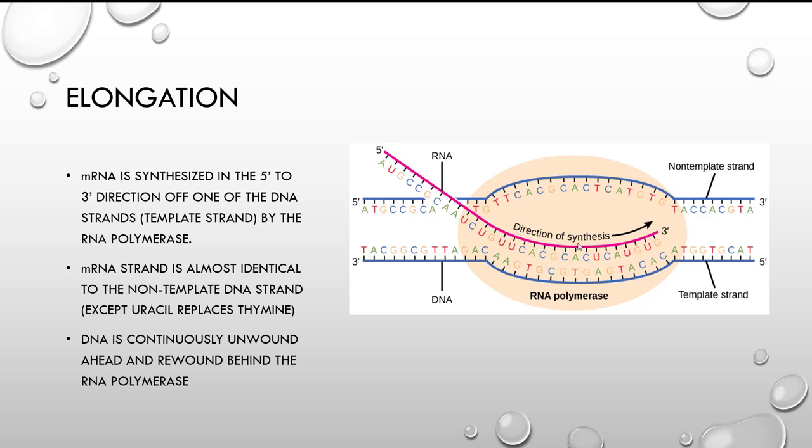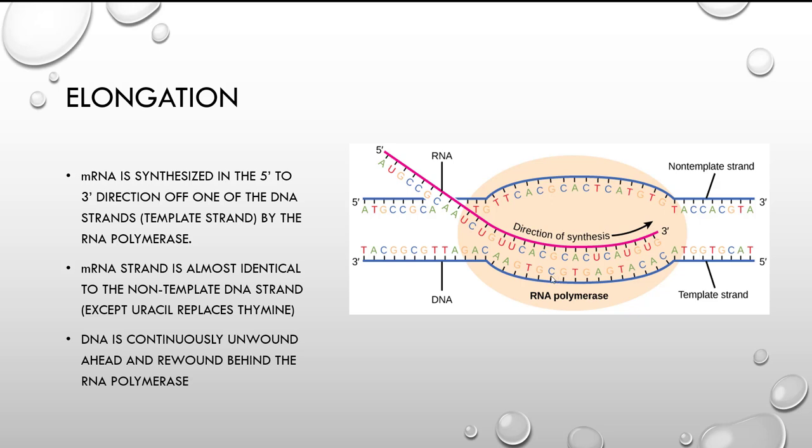And if you notice, as it's being made here, this mRNA strand is forming complementary base pairs to the template strand. So if we look at thymine on the DNA strand, an adenine will be placed on the mRNA strand. If we have a guanine on the template strand, a cytosine will be placed on the RNA strand.